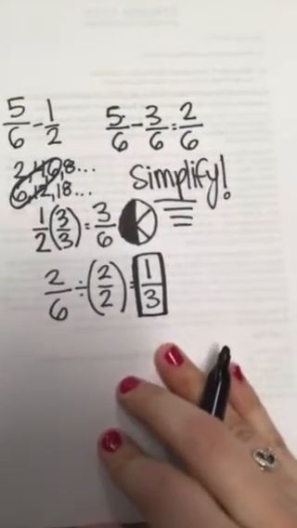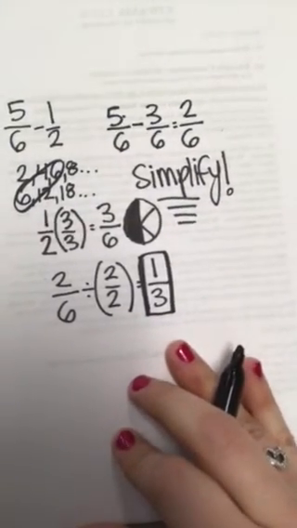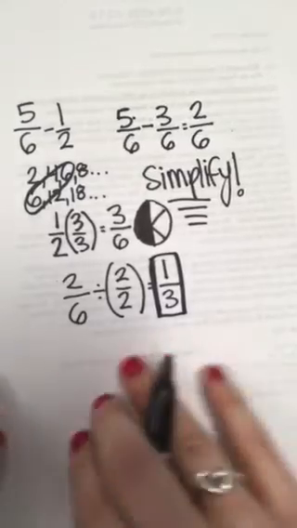Now, I'm going to show you one more problem. Now, this is not always the fastest way. However, it is kind of a shortcut when the least common multiple is produced by multiplying the denominators by each other. So I'll give you an example.